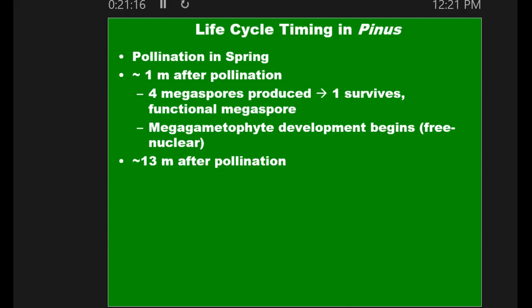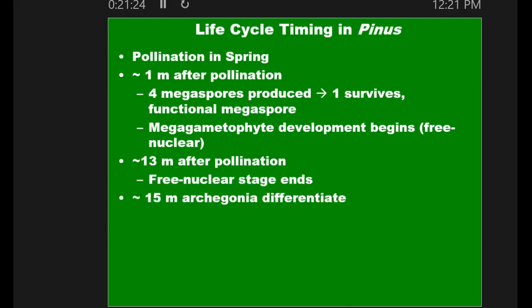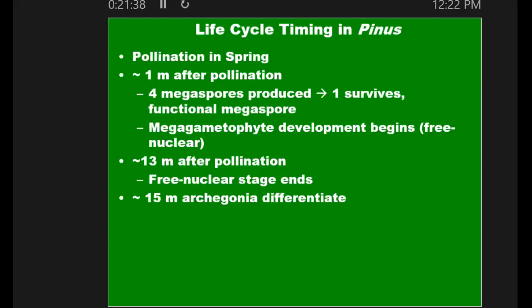So then 13 months after the pollen grain has already landed on the ovule, you finally get a more mature megagametophyte starting to finalize, and then that takes a couple months. So about 15 months after the pollen has landed there, you finally have the archegonium developed with an egg.